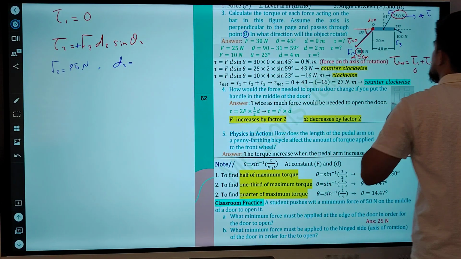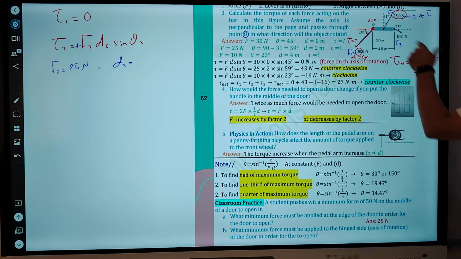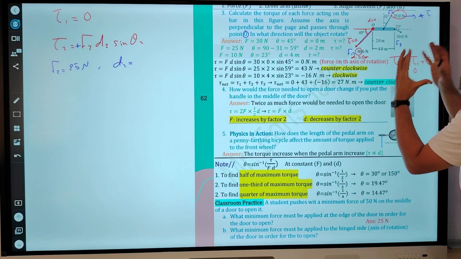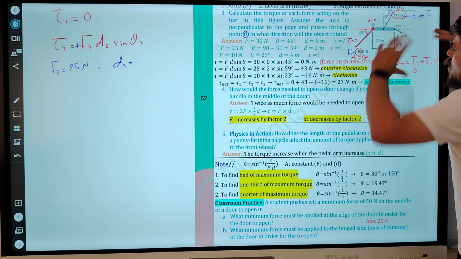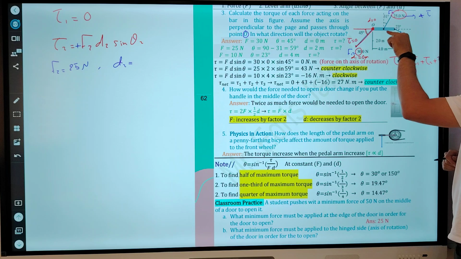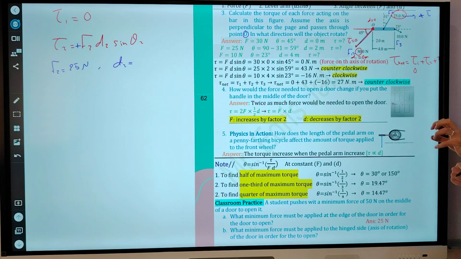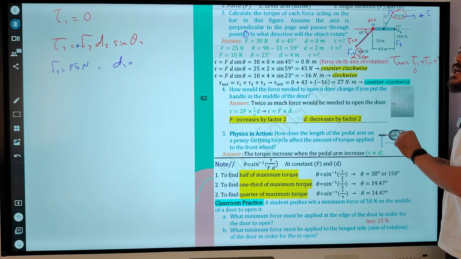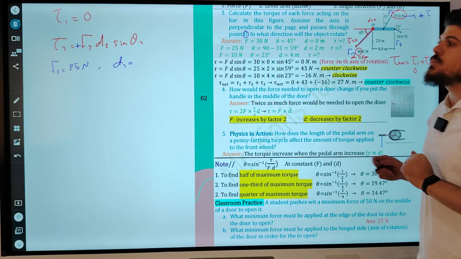D2 was not given in this question directly, but I know the entire length of the beam was given and is equal to 4 meters. What is this 4 meters? This 4 meter is the whole distance of the bar. Okay? But F2 is located exactly at the middle of the bar. So that's why we have to divide this 4 meter by 2 so we can get 2 meter.